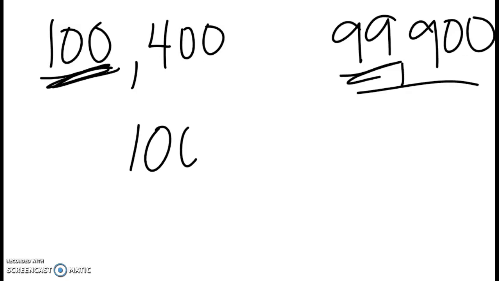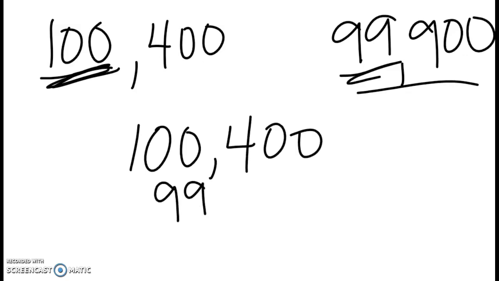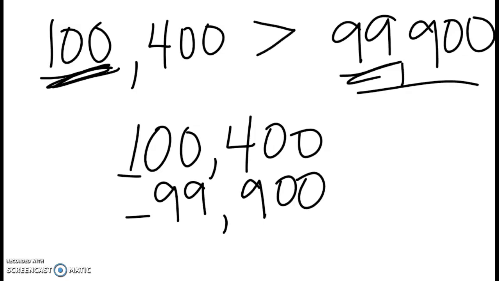If we write it vertically and we line it up, we can see, oh yeah, look, this one has 100,000. This one doesn't have any 100,000s. Okay, so that first one is greater. Again, I'm making it so my alligator's eating my bigger number, or 2 dots over here, 1 dot over there.